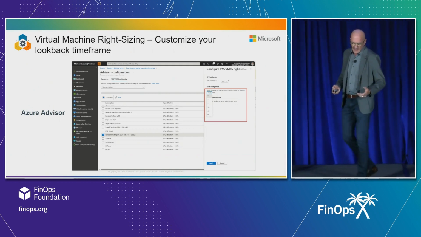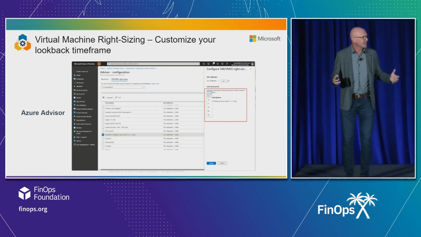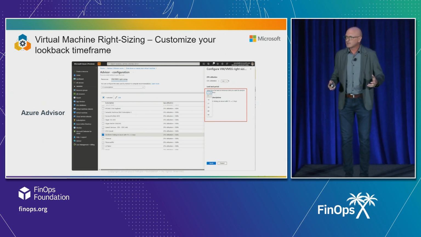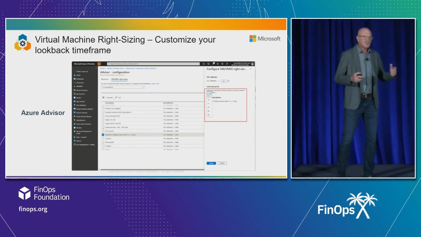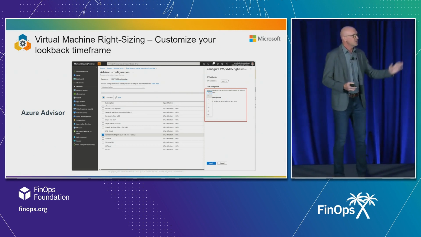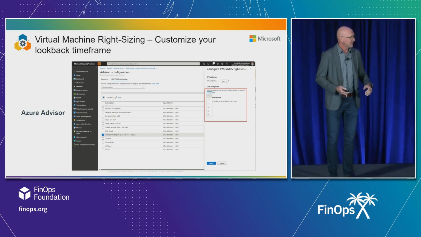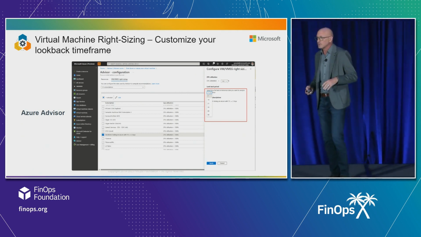Also within Azure Advisor, you could look at the time frame of identifying those patterns. Now in my configuration for my subscription here, I already have it set up for 30 days, which is a pretty decent time frame, looking for the utilization within that particular period and identifying the potential of right-sizing those compute units, but you could set it as low as 7.